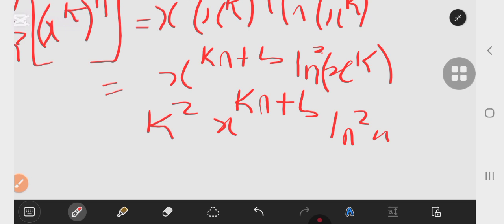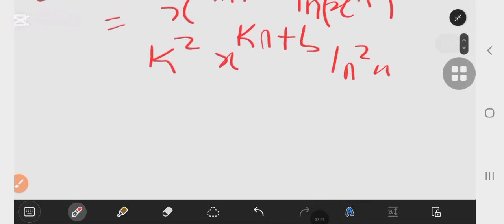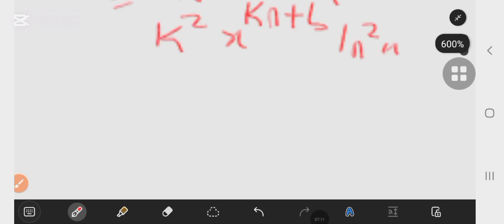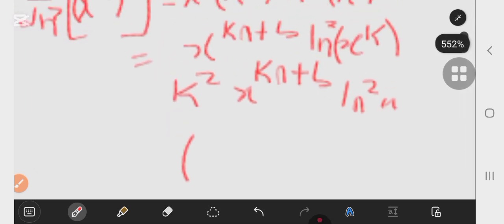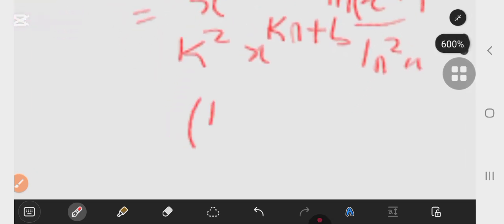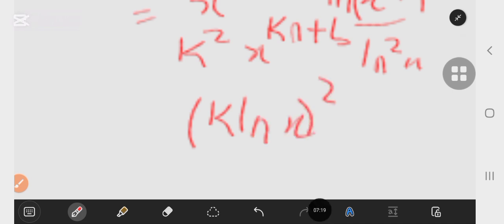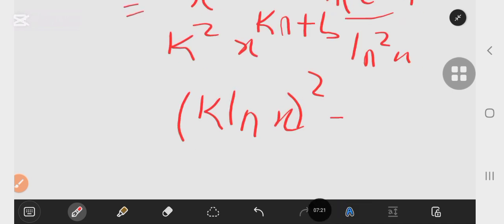The reason for it is k squared: after applying the logarithm rule here, I'll have k ln x, but it is squared, so I'll have k squared ln squared x. Okay, that is it.